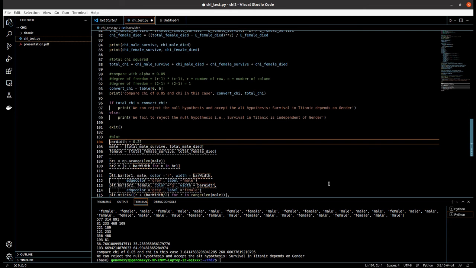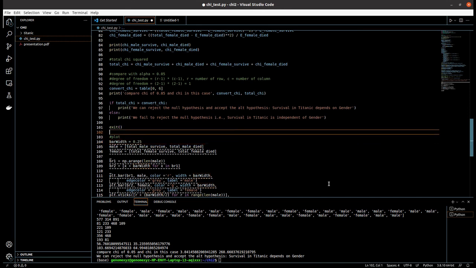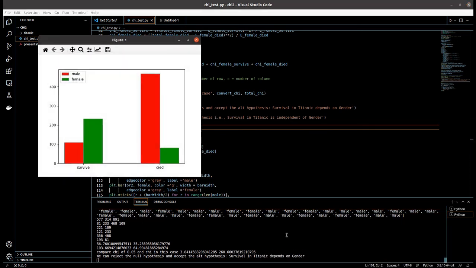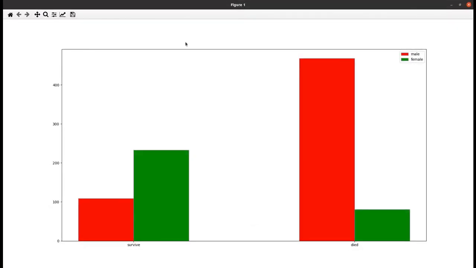If we just use this test, we don't know which gender was really more safe in Titanic. So to know that, I think we need to plot. And here is the statistic of survive and die in Titanic.